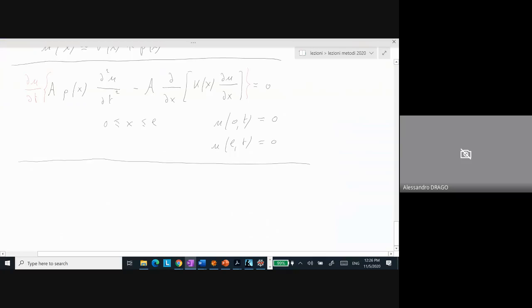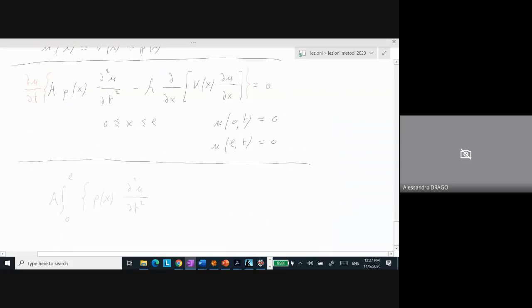So the next step is to integrate this new equation from 0 to L. So let me do this little step. I get the integral from 0 to L, and I have these two terms. So I have rho of x, second derivative of u with respect to time squared.